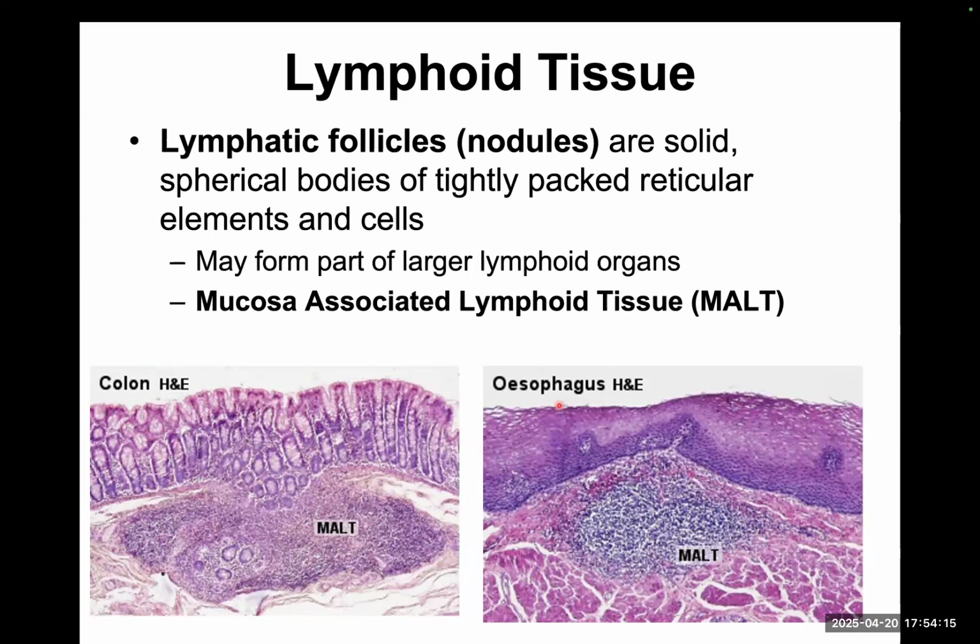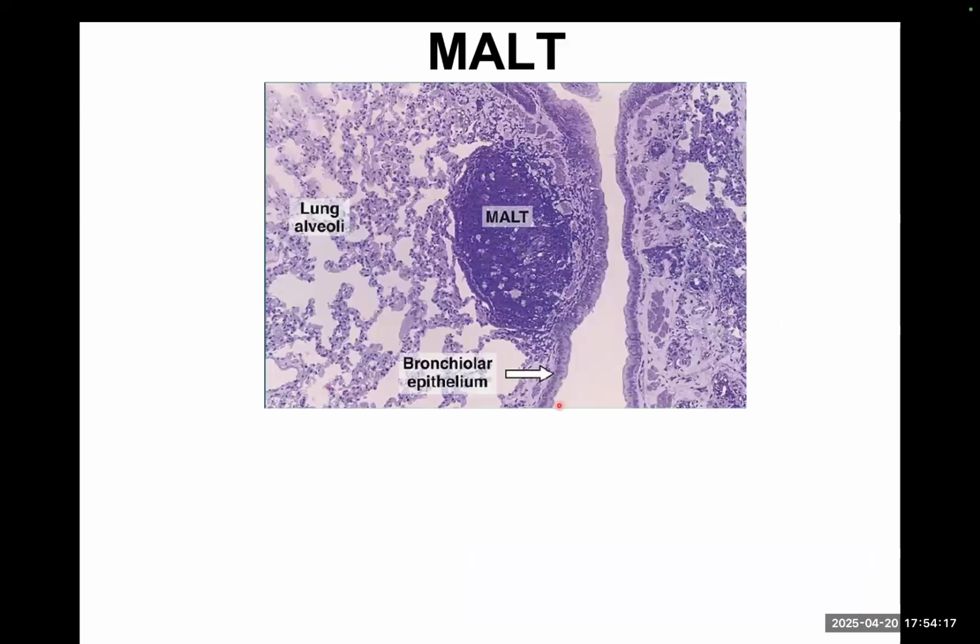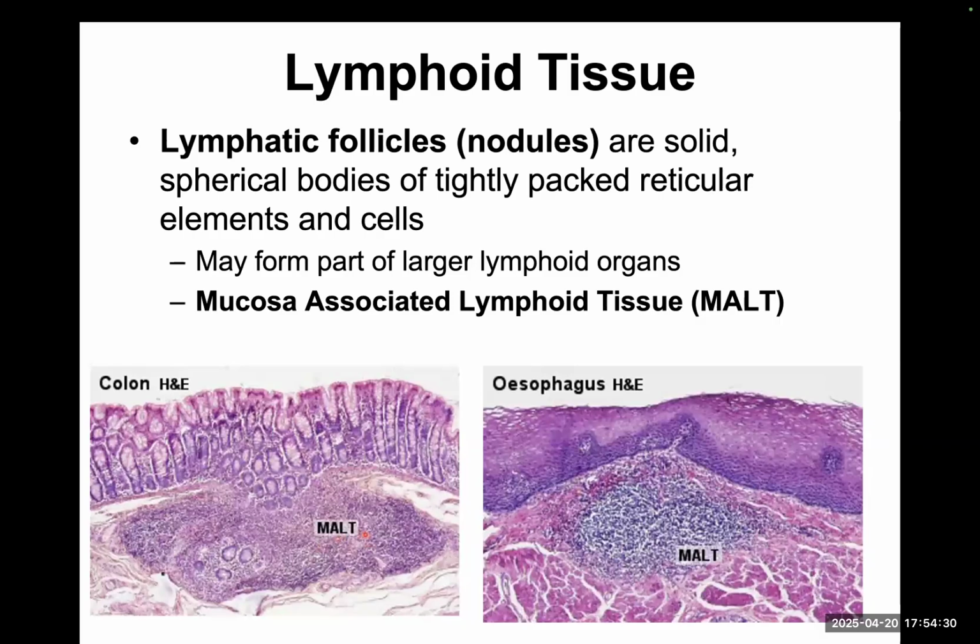So it's going to be something that's going to secrete fluids like mucus and other kinds of things to coat the surface. Mucosa associated lymphoid tissue is going to be in your GI tract and also in your respiratory tract. So it makes sense that you have MALT here and then here, because that's what comes into contact with bacteria in the air and water and food that you eat.